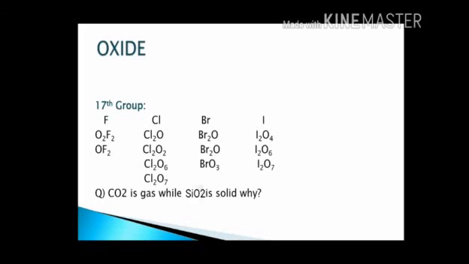Because in silica you can see that it forms a network solid. That is, the oxygen atom in the silica can be combined with another silicon atom, because silicon has an atomic radius of 1.17 angstrom, which is very large compared to that of carbon.